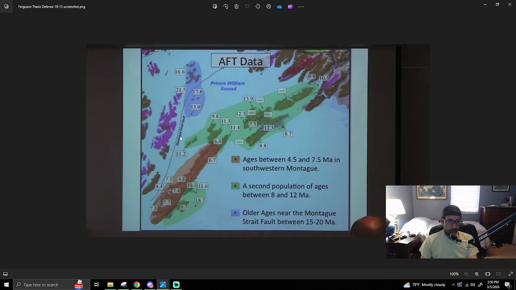So we got the Montague Strait Fault, Montague Bay Fault, and the Rude River Fault.